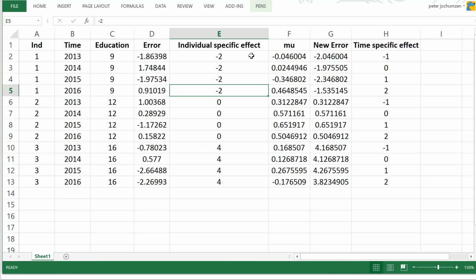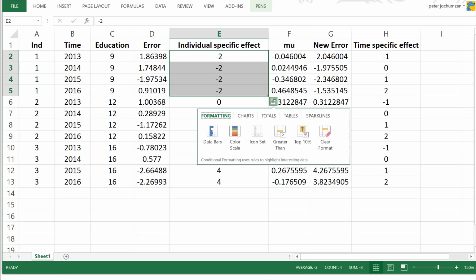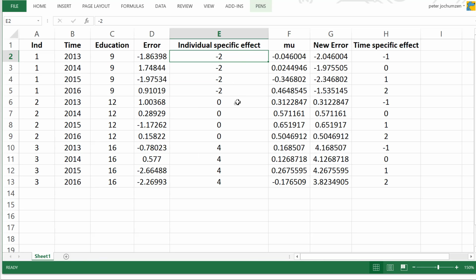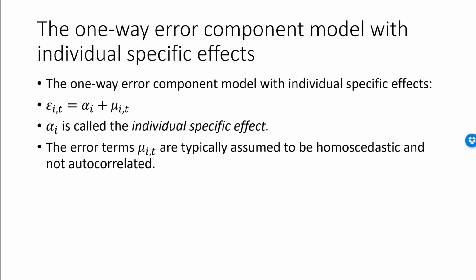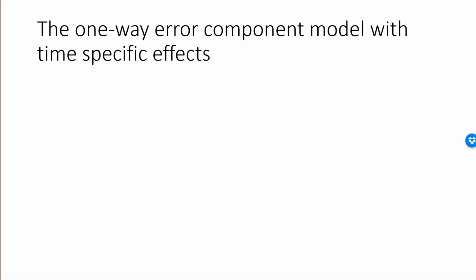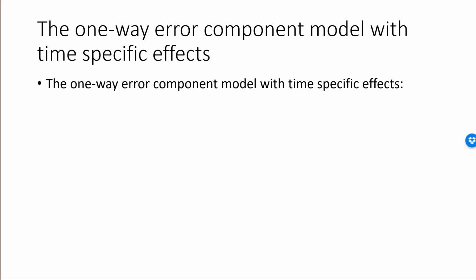The individual specific effect is constant over time for a given individual, but it varies between the individuals. The time specific effect is just the opposite. It's constant over individuals for the same time period, but it varies between different time periods. So we could have an error component model with a time specific effect, and that will then look as follows.